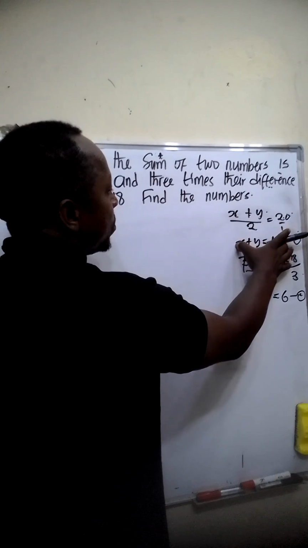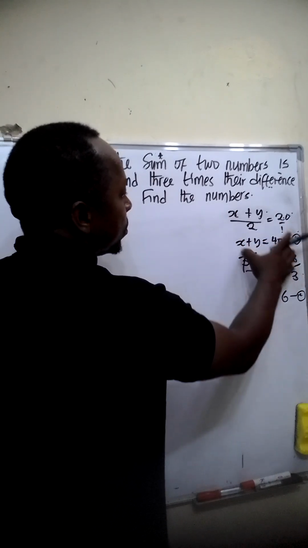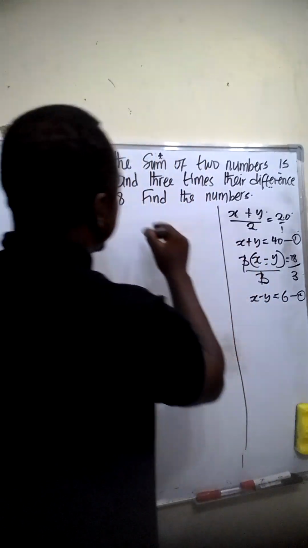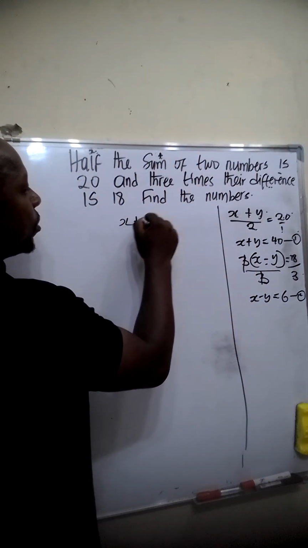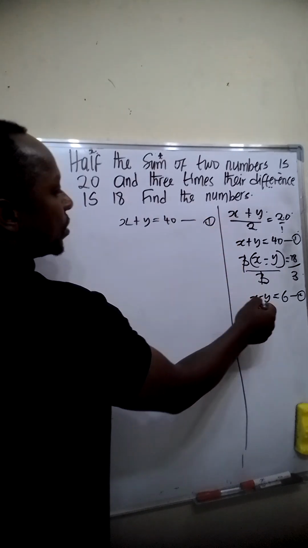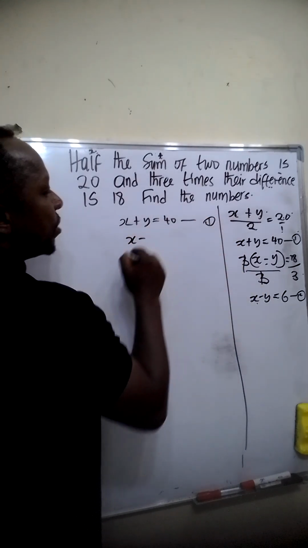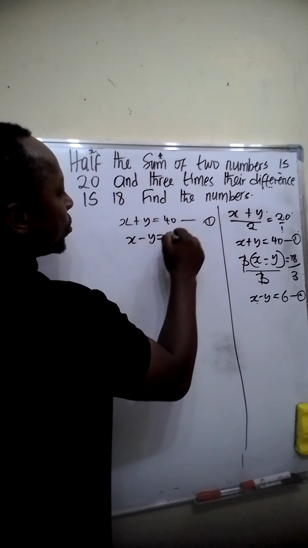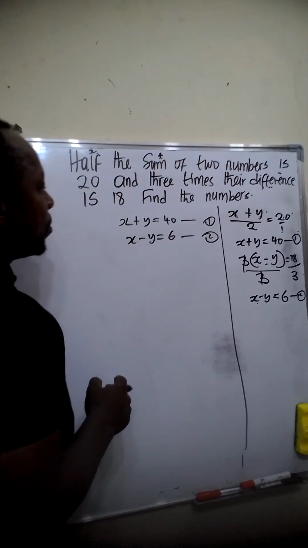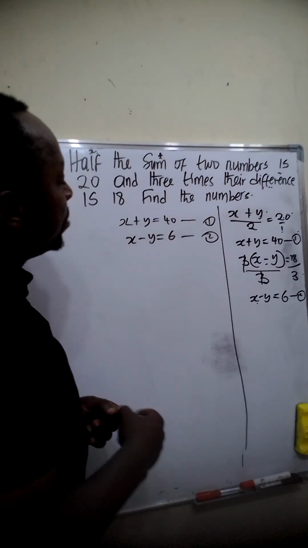We can solve both equations simultaneously. So this becomes x plus y equal to 40, equation 1, and x minus y equal to 6, equation 2. We can solve this by the method of elimination.